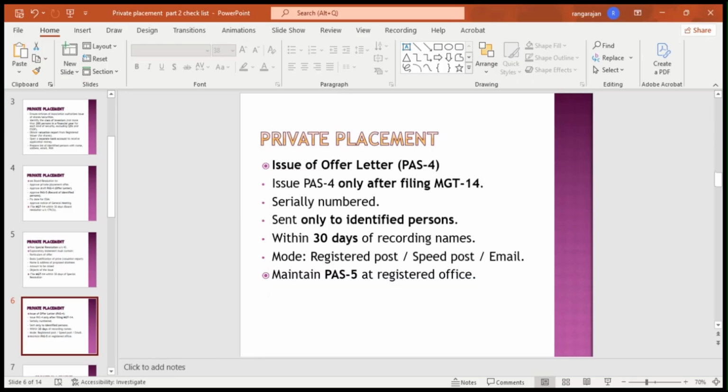Issue PAS-4 only after filing MGT-14. It has to be serially numbered and sent only to the identified persons within 30 days of recording names, by registered post, speed post or email, and maintain PAS-5 at the registered office. These are the next step activities to be complied with by the company.